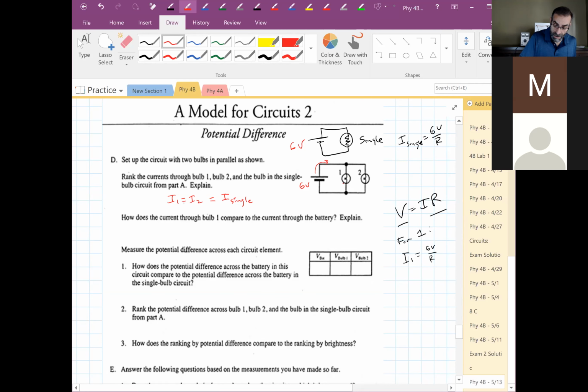We have current through 1. And we have current through 2, right? I1 plus I2 is equal to I battery, right? So half as much for I1 as for the battery, okay? The current splits. And because the R's are equal, it's half and half.